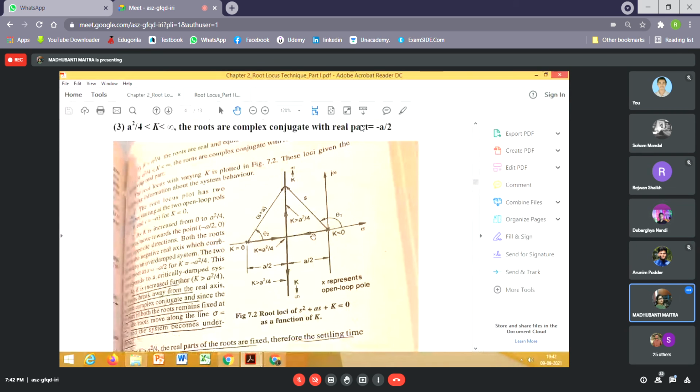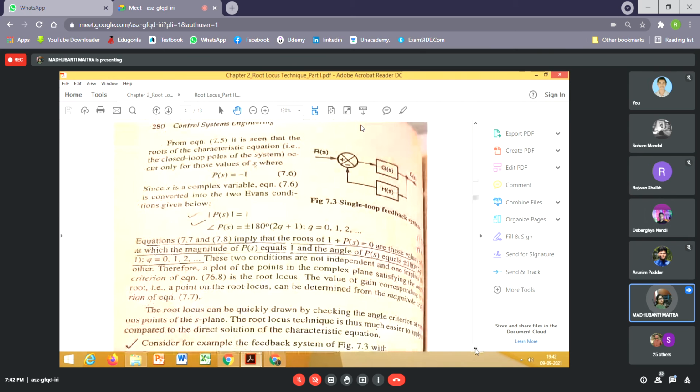Already we have seen that this is the breakaway point. At that time we didn't use the term breakaway point, but this is the breakaway point where the two root branches are meeting, and we have derived that at this point repeated roots of the system are occurring, and since two root branches are meeting with each other, the order of multiplicity is 2.